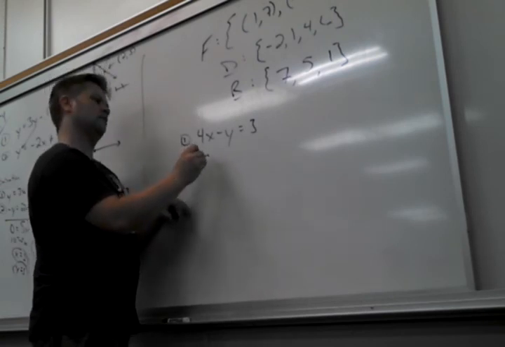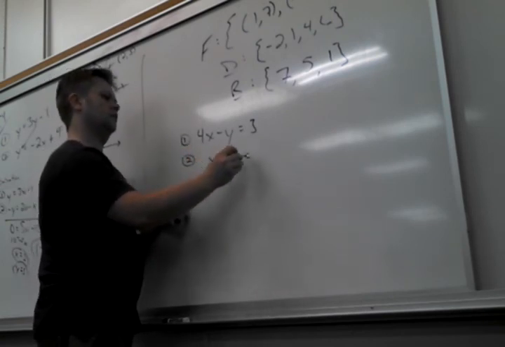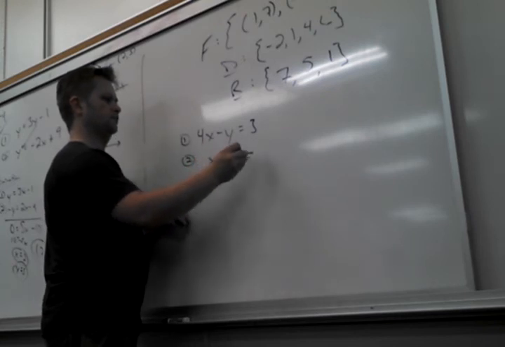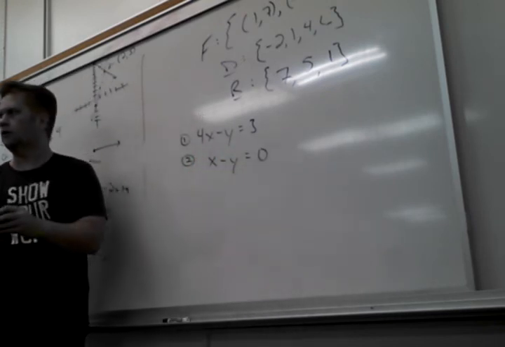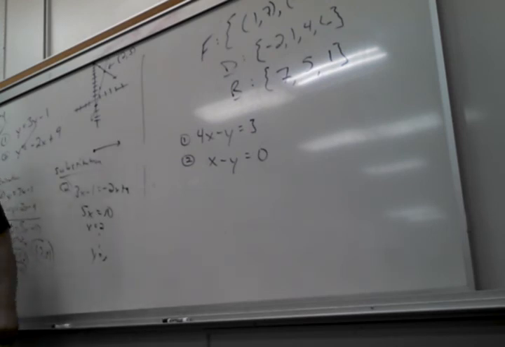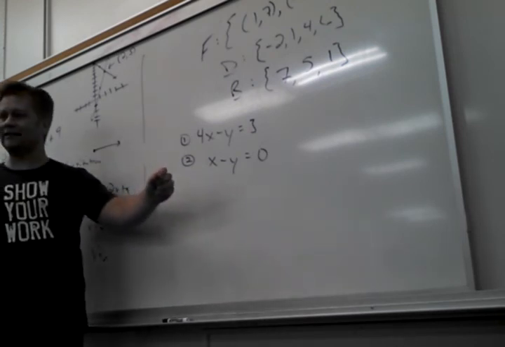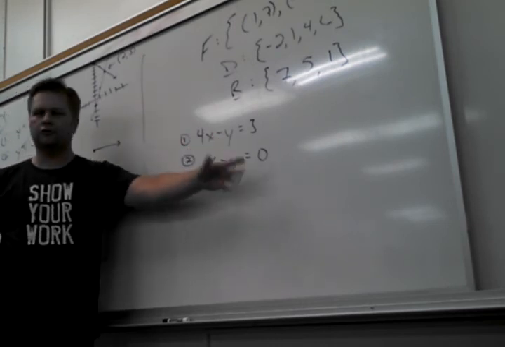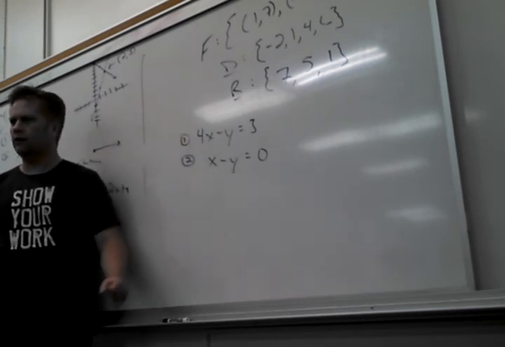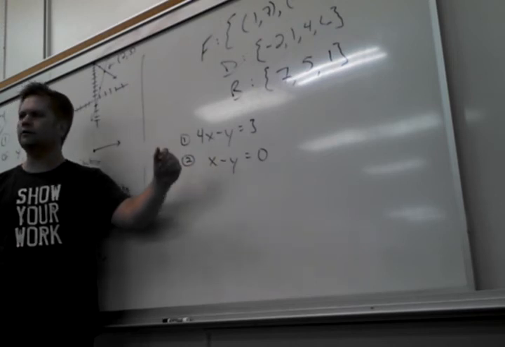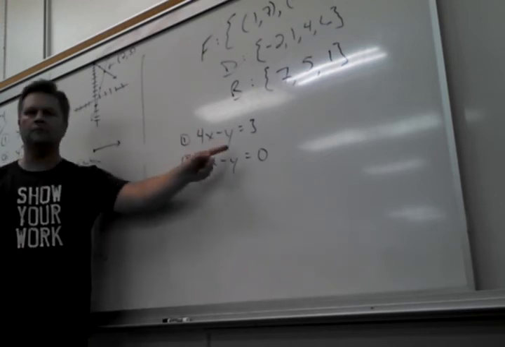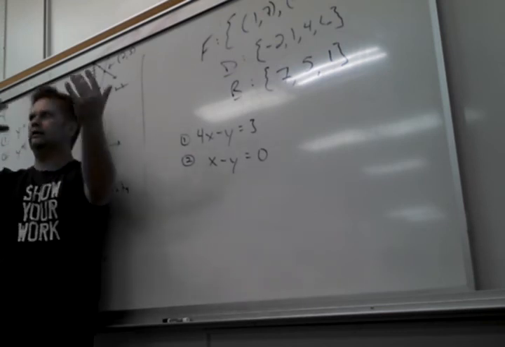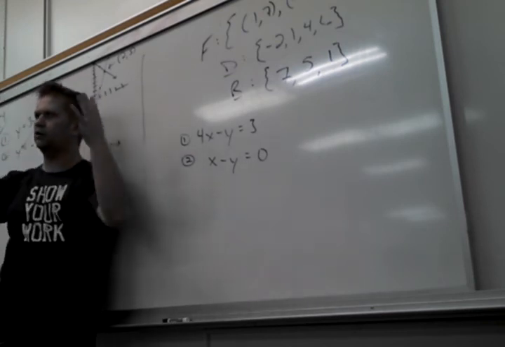So if I add this right now, I get 5x minus 2y equals 3. That's not good. I don't kill anything. They have to have different signs. Now I could subtract them, but then it's really easy to make a negative mistake because you're subtracting things that might have negatives on them and trying to keep it all in your head.